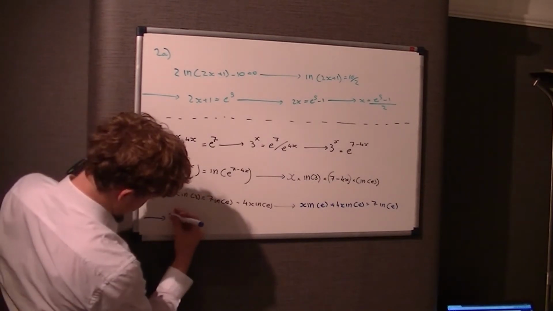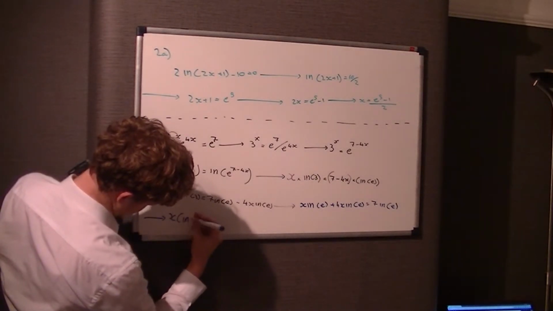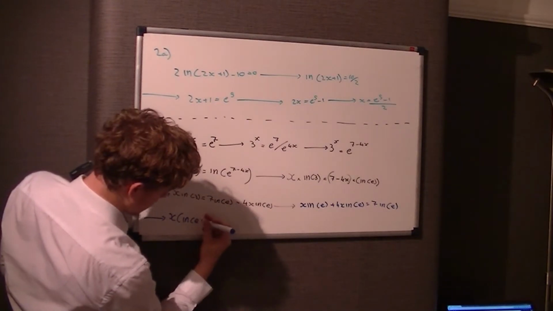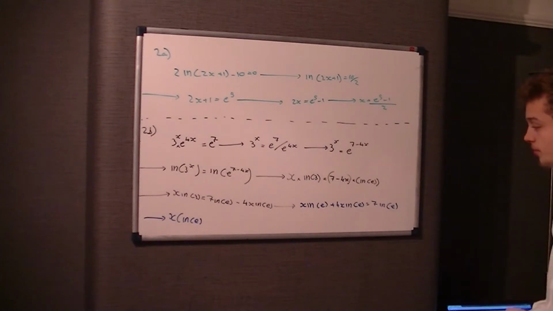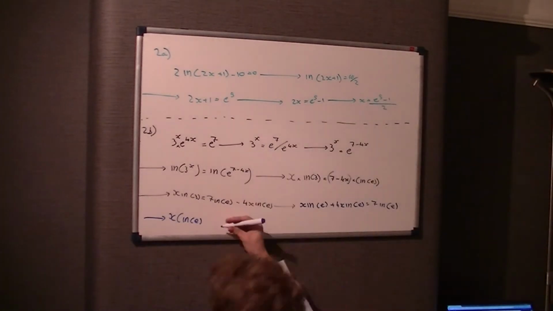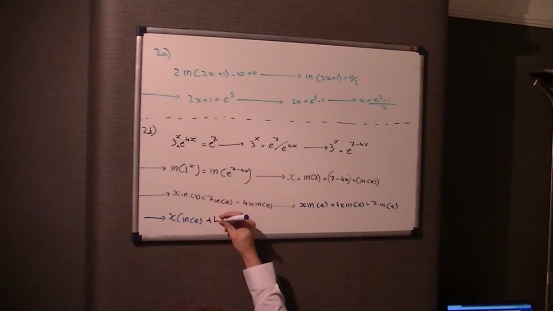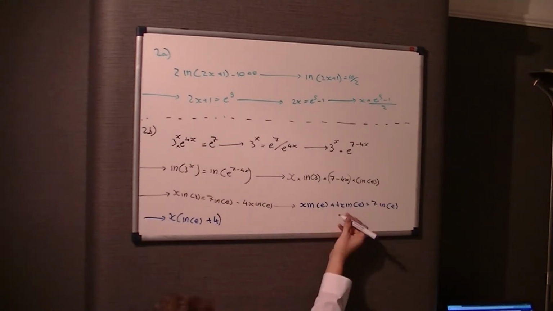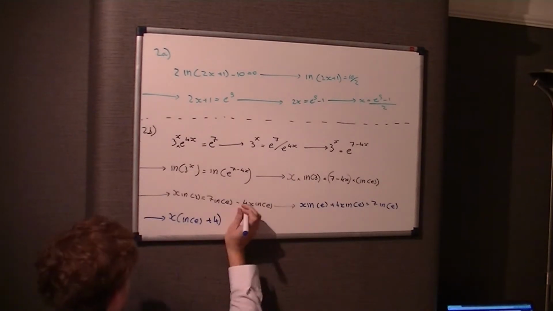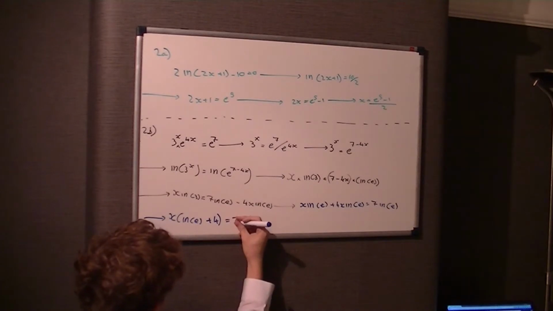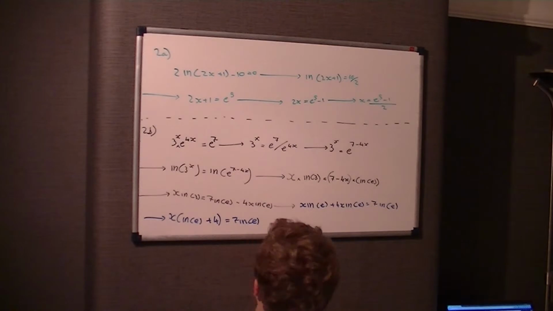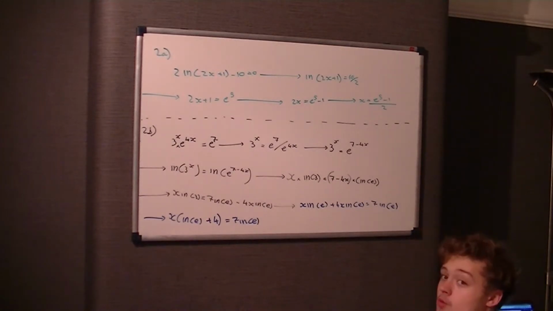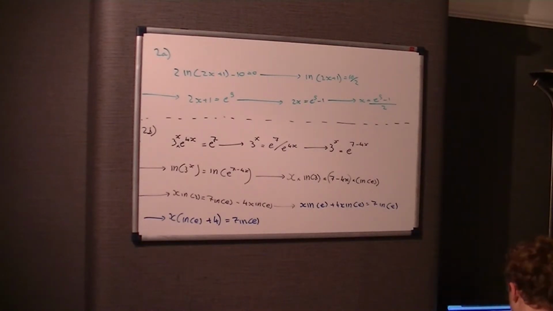So that's x times the ln of e plus 4, because we've got a plus there, because that just becomes 4x. The ln of e being 1, and that equals 7 ln of e, because we're not changing anything yet.